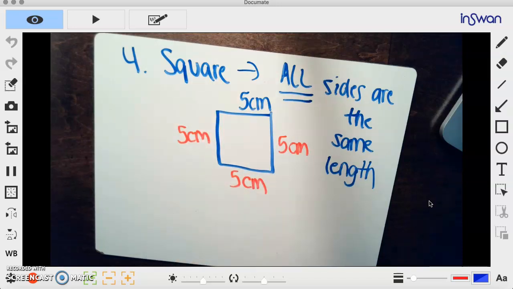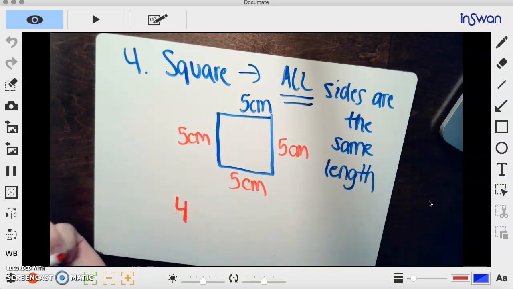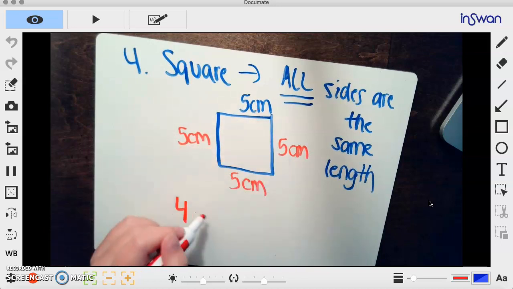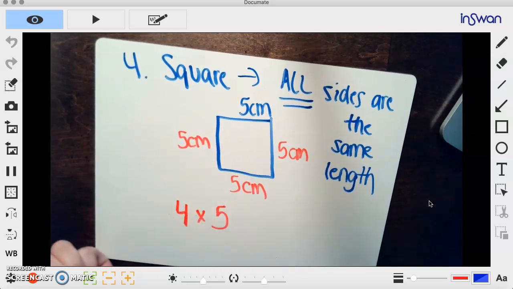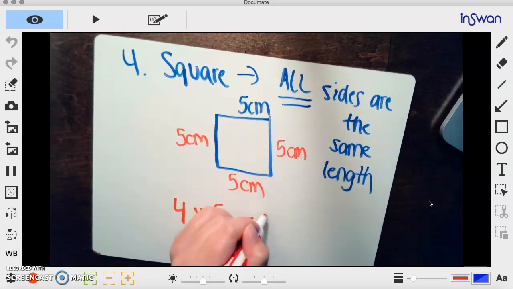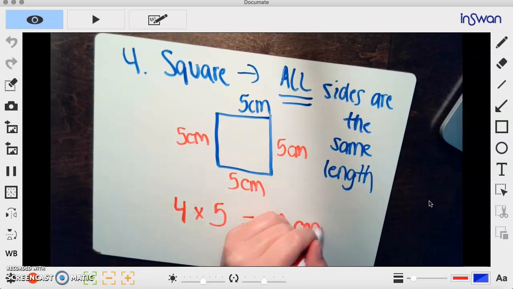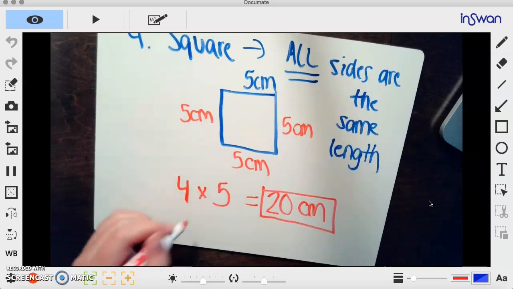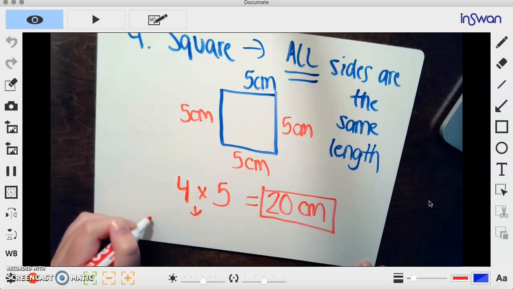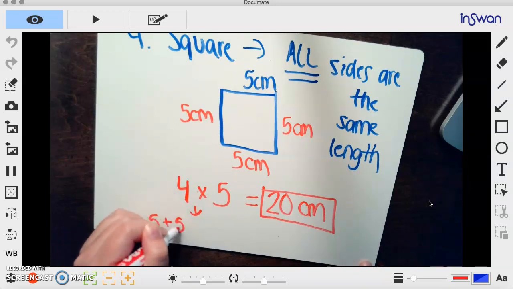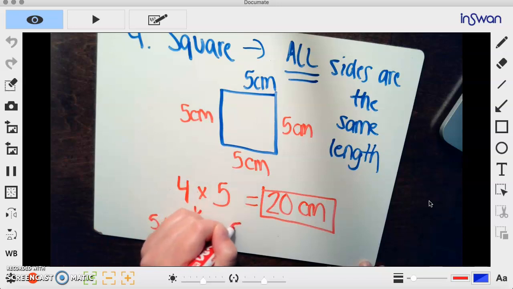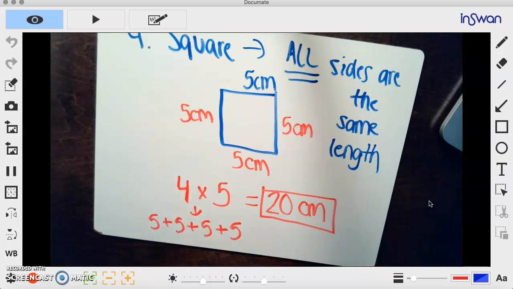I can also say I have 4 sides, 1, 2, 3, 4, that are all 5 centimeters. So 4 times 5 will give me 20 centimeters, which is my perimeter. This is also the same thing if I wanted to use addition as saying 5 plus 5 plus 5 plus 5. It's just repeated addition.